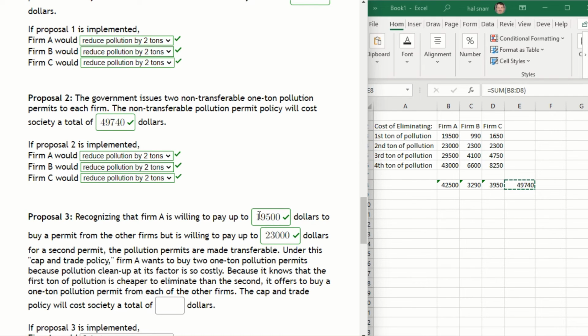It's probably going to get one from B and the other from C. Now, because it knows the first ton of pollution is cheaper to eliminate than the second, if it offers to buy a 1-ton pollution permit from B and one from C, in my particular case.